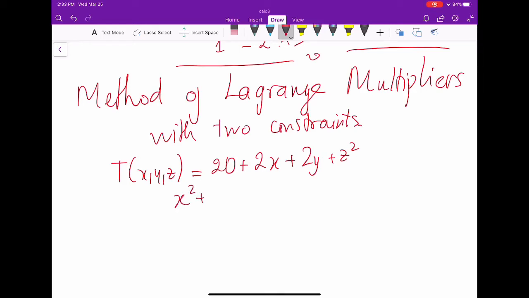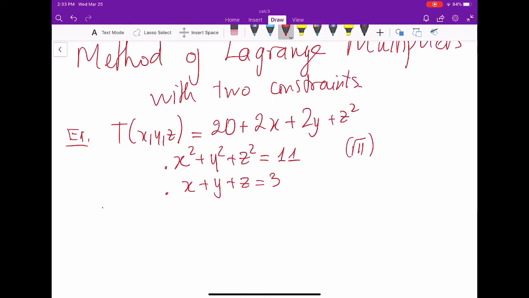The first one is x squared plus y squared plus z squared equal to 11. That means we consider points on the sphere, right? Centered at the origin with radius equal to square root of 11. And the second constraint is x plus y plus z equal to 3, which is a plane. Make sense? And they ask you to find the extreme values of T, subject to constraints 1 and 2.